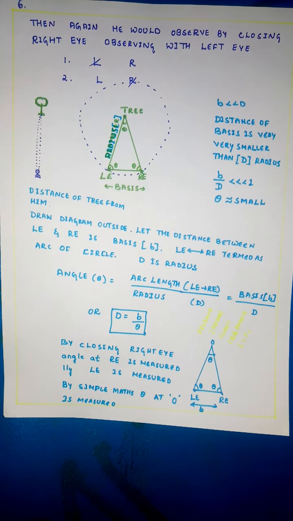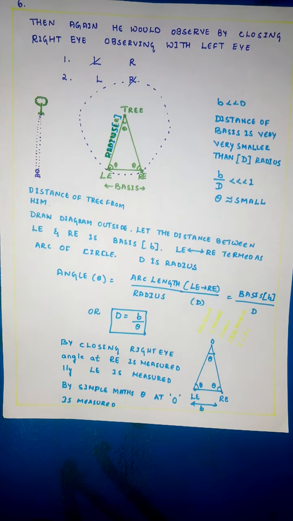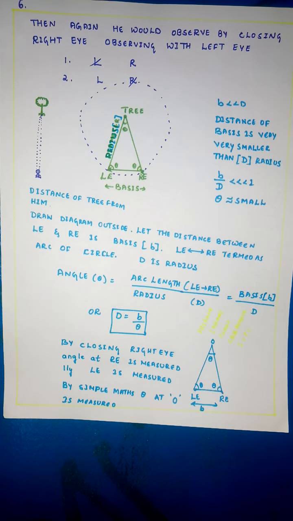Let the distance between the left eye and right eye be taken as the basis B. We can take the distance between the left eye and right eye as an arc of a circle.